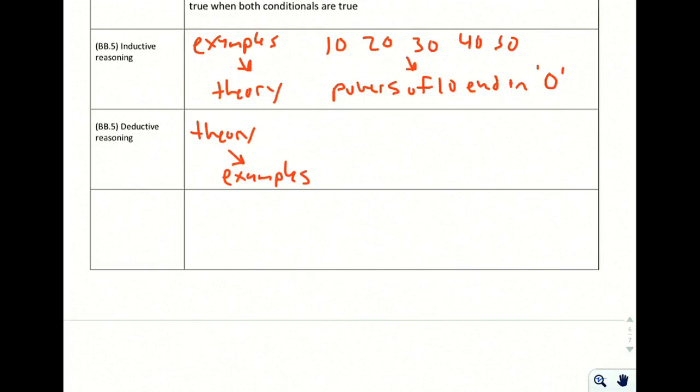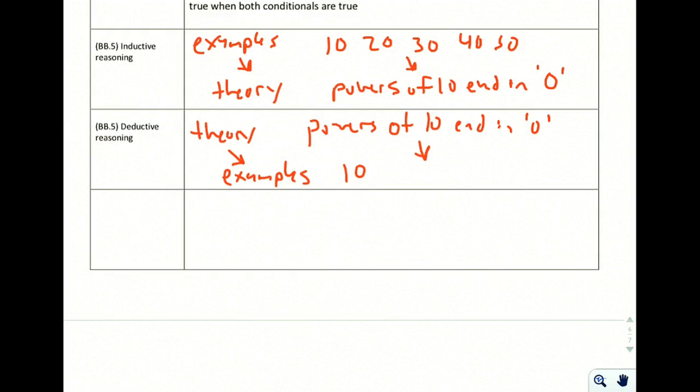Deductive, on the other hand, goes the opposite direction. It starts with a rule. Let's go ahead and use the same example. Powers of 10 end in 0. And using that rule, that powers of 10 end in 0, I could say, well, I suppose a power of 10 times 1 is going to end in a 0.